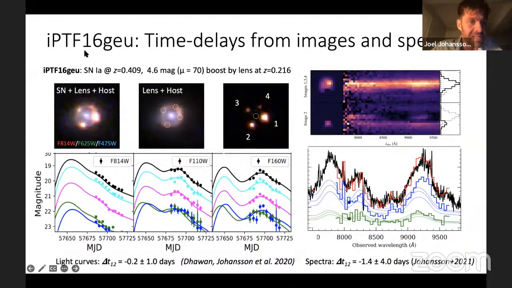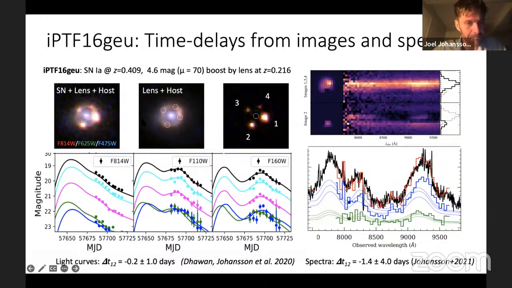The name was not so easy to remember, but it was iPTF16geu, and we've written a whole bunch of papers on this single object.